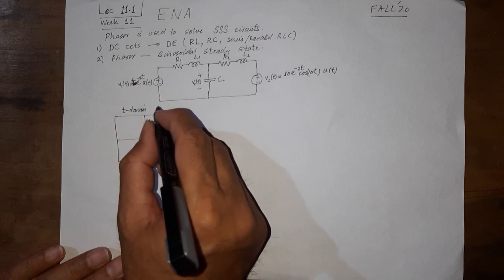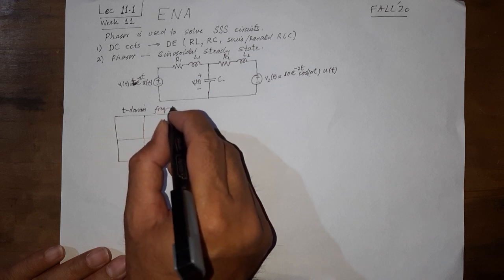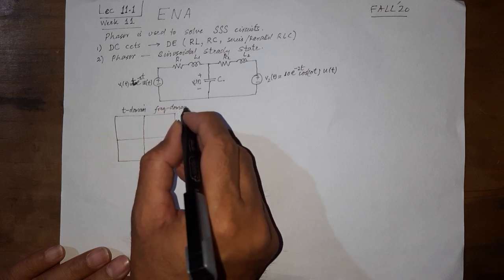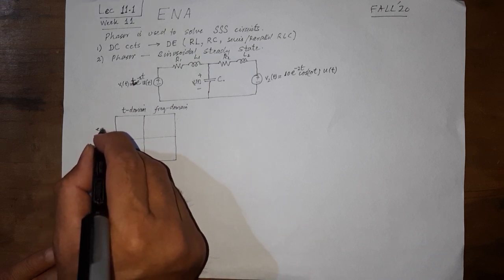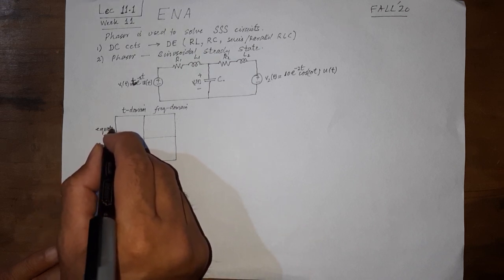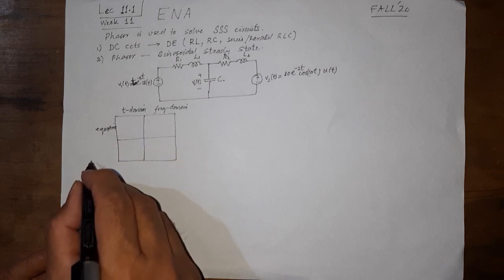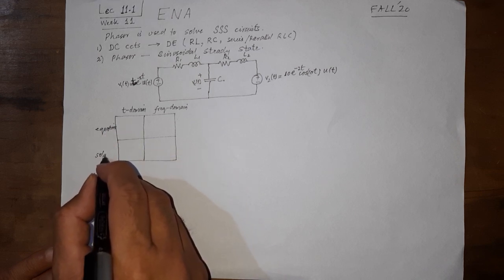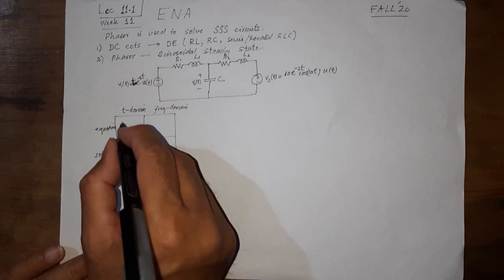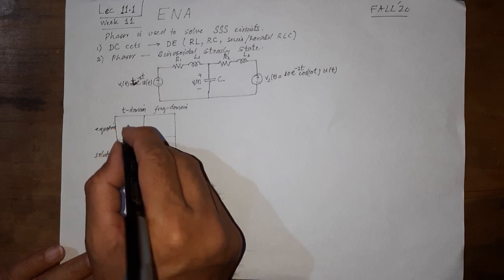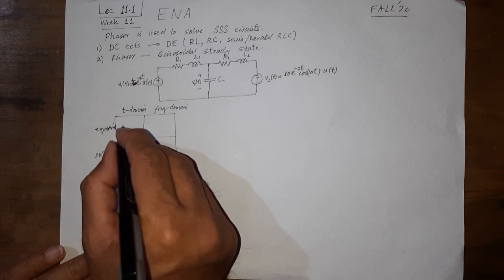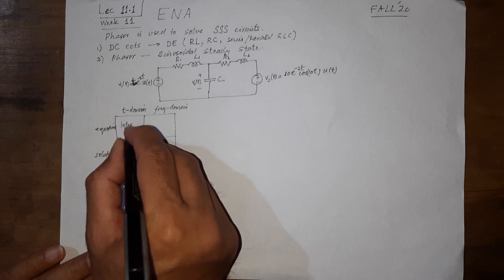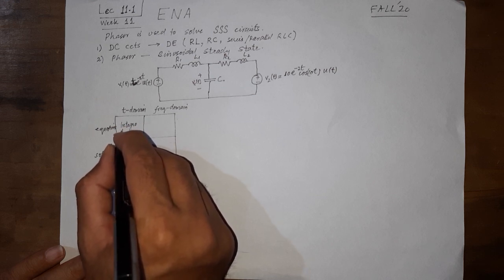Here we are going to have the frequency domain. And here we are going to have the equations. And here we are going to have the solution. So the problem given to us comes up with equations in the time domain. For example, they are integro-differential equations.